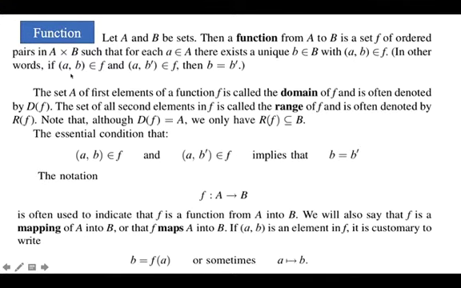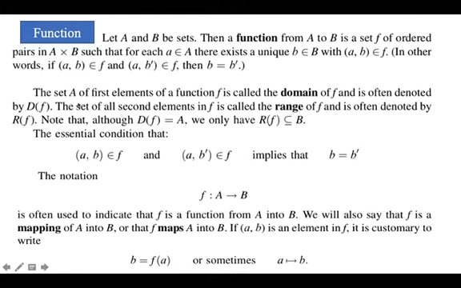In other words, if (a,b) belongs to f and (a,b') belongs to f, then the value of b is equal to b', because at one input there cannot be two different outputs. So if a is input, b is output. That is why in a function there cannot be two different outputs, so the value of b is equal to b'.